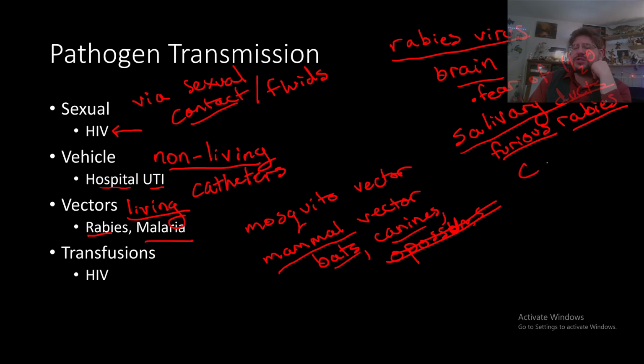This is good old-fashioned Cujo the dog, courtesy of Stephen King. The animal becomes incredibly aggressive and salivates an extreme amount in order to produce large amounts of virus in the saliva, and the aggression results in bites where it can transmit the rabies from the saliva into the blood. So rabies uses a mammal vector.